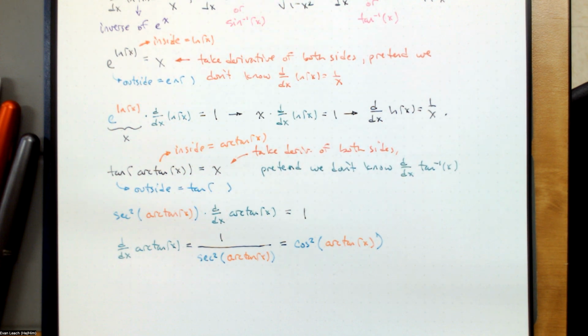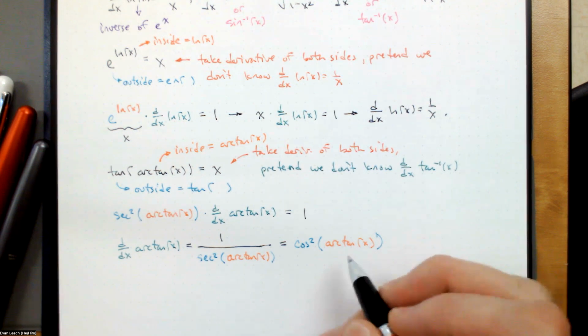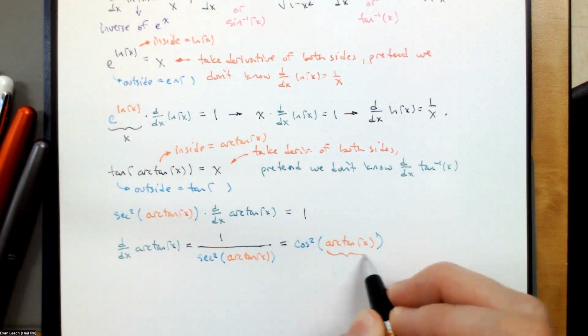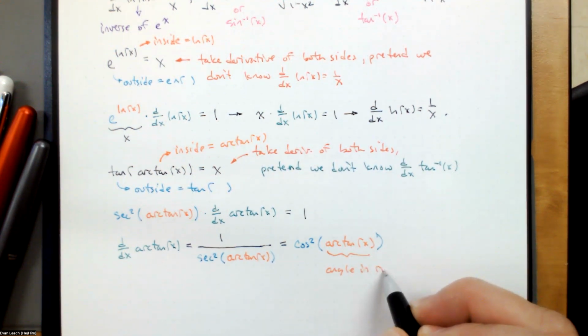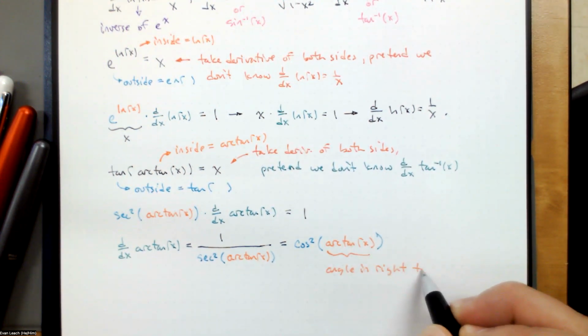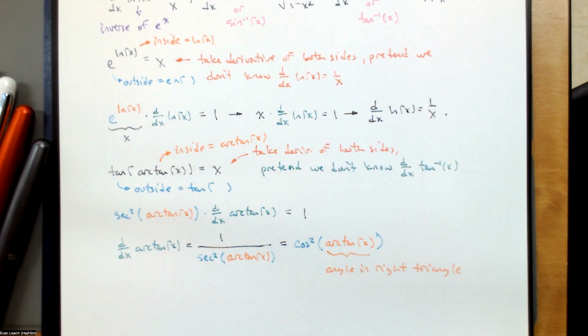Here's what we know. Arctangent is an angle. When we look at arctangent of x, we read this as an angle in a right triangle.